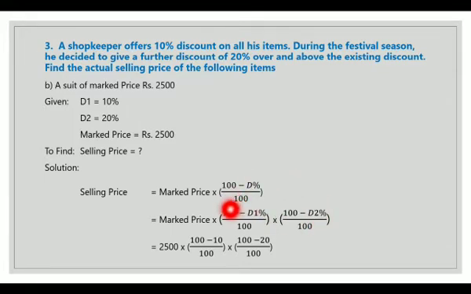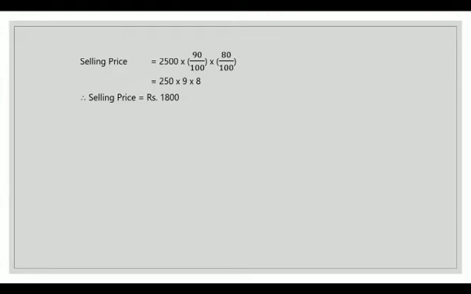Now we just substitute: 2500 into 100 minus 10 upon 100 into 100 minus 20 upon 100. So we get 2500 into 90 upon 100 into 80 upon 100. After simplifying we get 250 into 9 into 8, which is equal to rupees 1800. So the selling price equals rupees 1800.